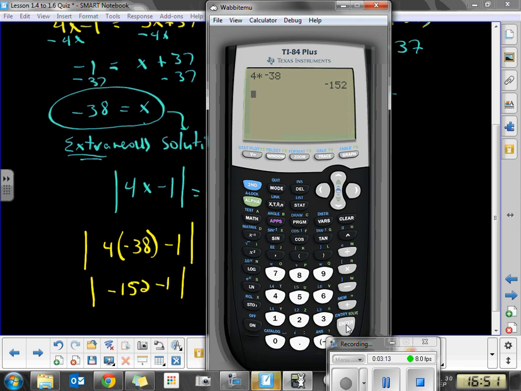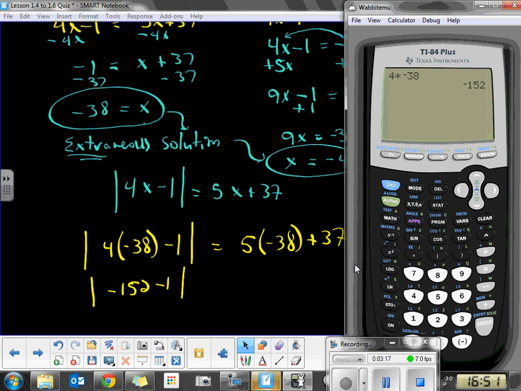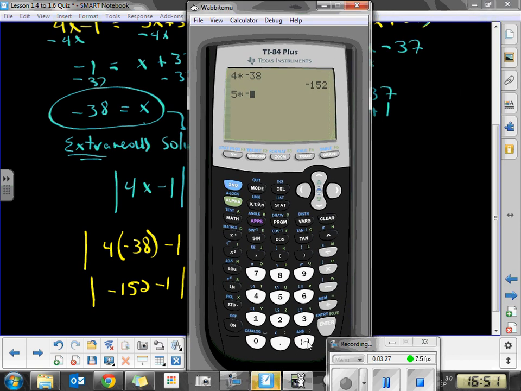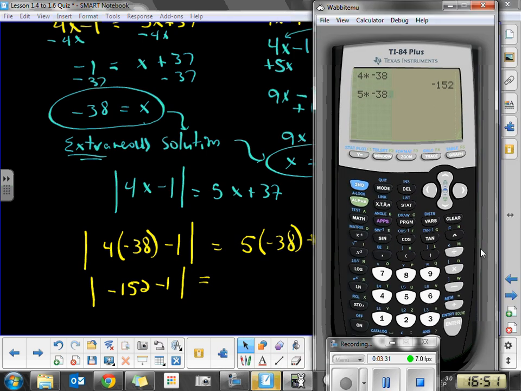And I'm trying to make sure that that's equal to 5 times the negative 38. So I'm now going to take 5 times negative 38, and then I want to add 37. Okay, that's a negative 153. So I know on the right side I get a negative 153.